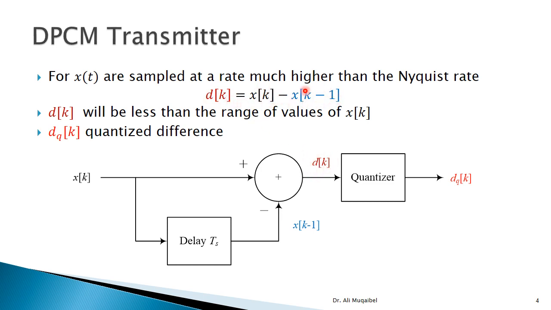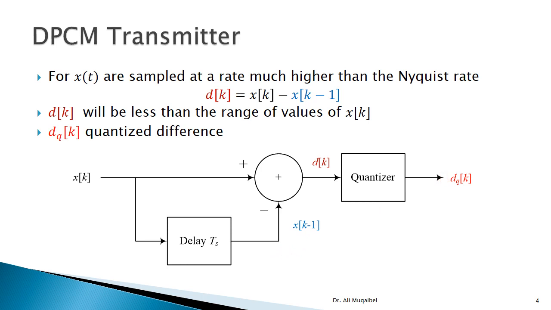So mathematically we can write d of k as x of k minus x of k minus 1, the previous sample. Instead of taking the current sample directly to the quantizer, we take the difference between the sample and the previous one, and now we quantize. We expect d to be much smaller than x, and now the output of the quantizer would be d sub q, the quantized difference. And this is simply the DPCM transmitter.